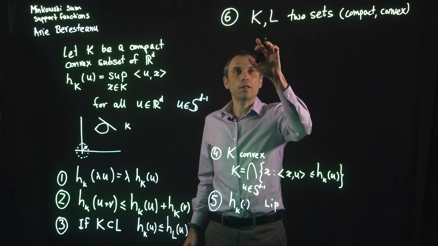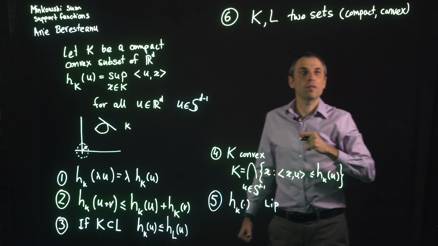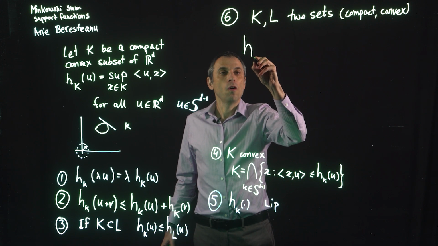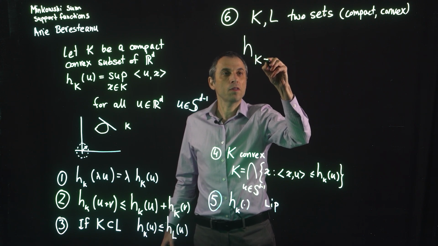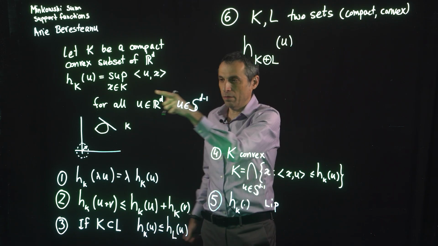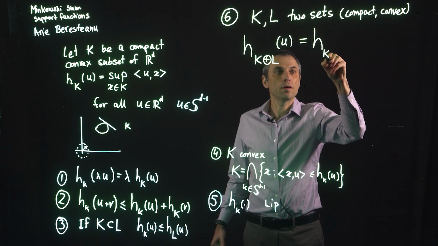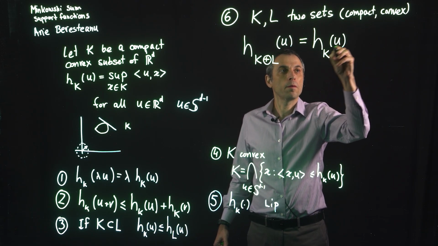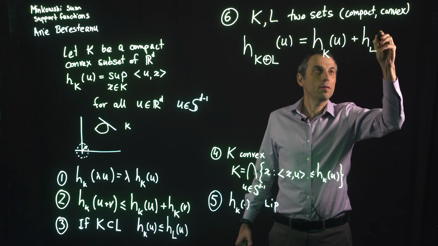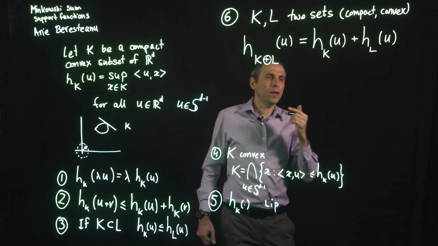I look at the Minkowski sum of them, which will also, as you saw in the first video, be a compact and convex set. Then the support function of K Minkowski sum L at any direction u, taken from the unit sphere, for example, is equal to h_K(u) plus, and this is a regular plus because those are numbers, h_L(u). So why is that important?